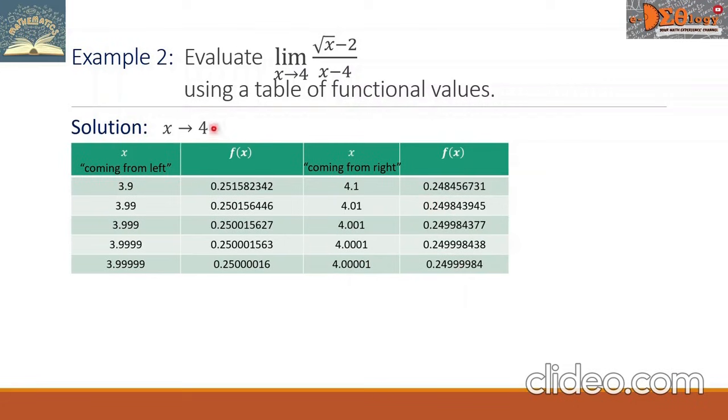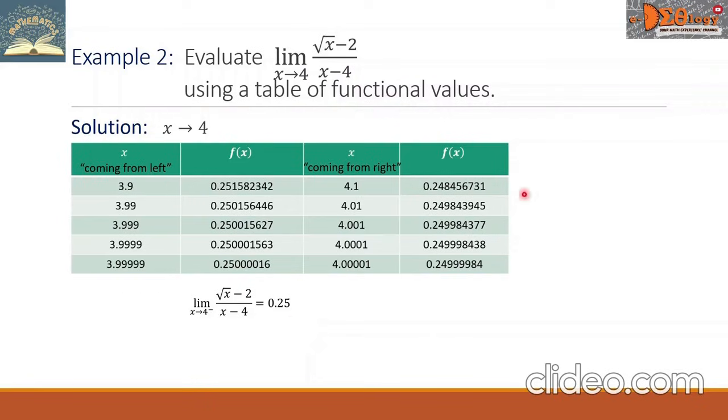Now, for the first pair of x and f of x, we look at the f of x values. We can observe that when x values come very near to 4 from the left, the values of f of x will come to the value 0.25. So we can say that the limit of the square root of x minus 2 over x minus 4 as x approaches 4 from the left equals 0.25.